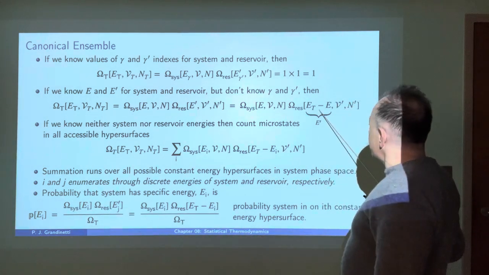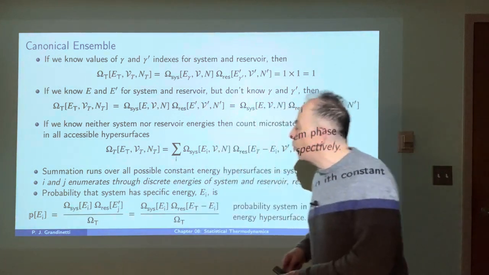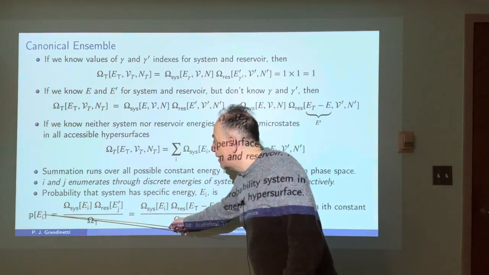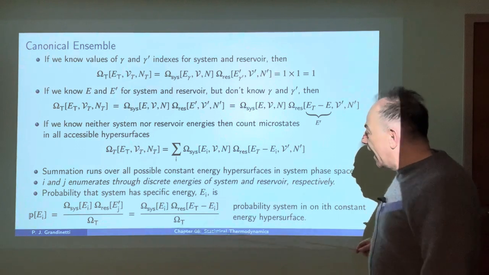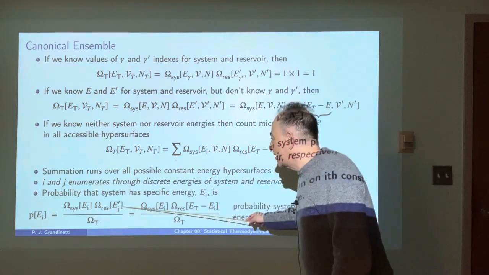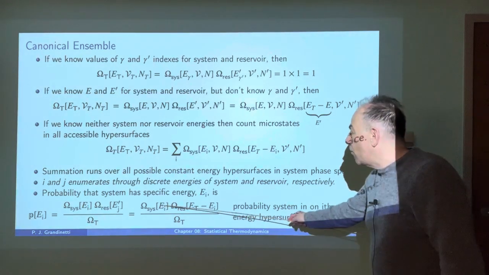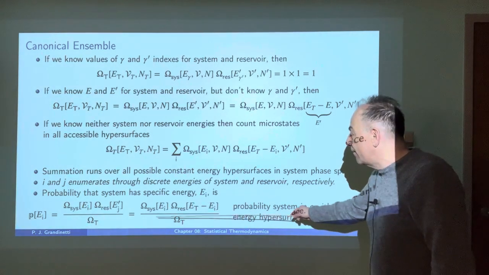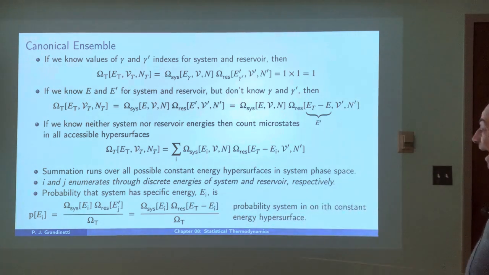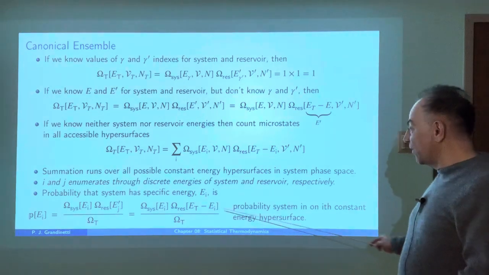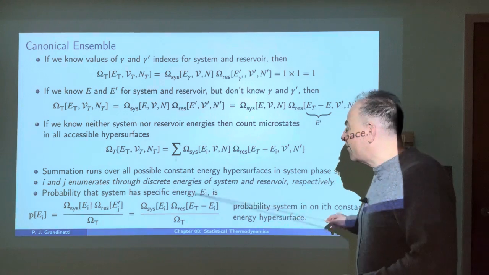So if we took this quantity and divided it by this, that would give us the probability that we have the system in a state with a constant energy E_i. Okay? And we can write this in terms of the energy of the system and the reservoir, but of course, since the total energy has to be constant, we can write that in terms of just the energy of the system in this expression here. So this is the probability that the system is on the ith constant energy hypersurface. So this is saying that it has a specific energy E sub i.